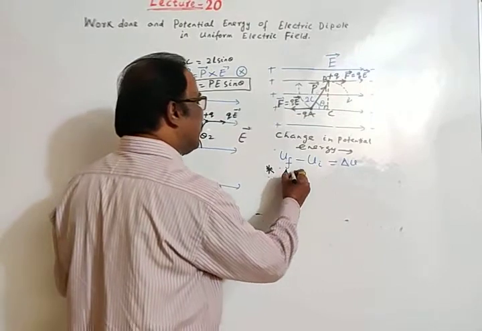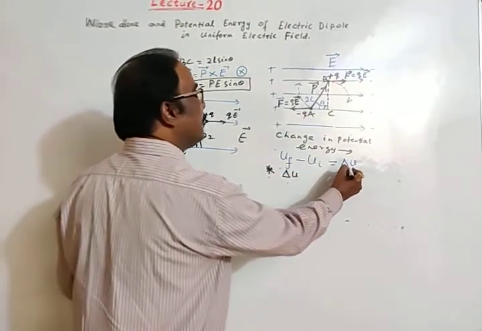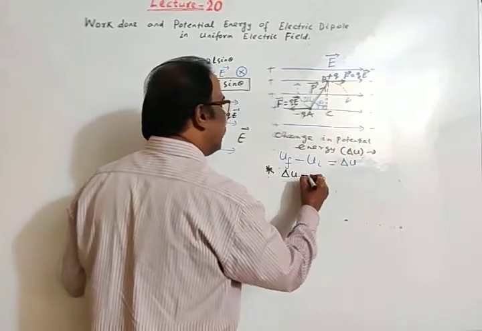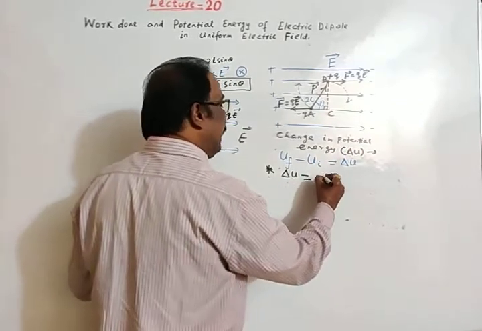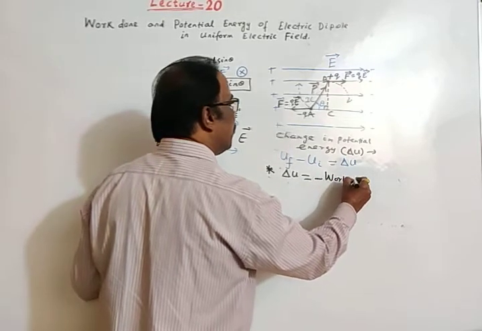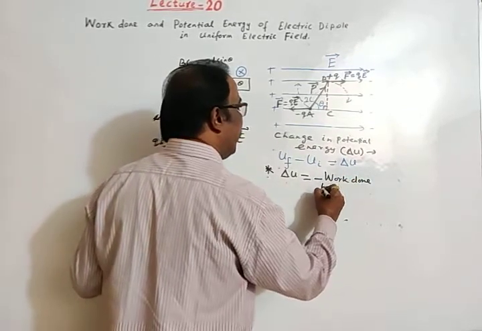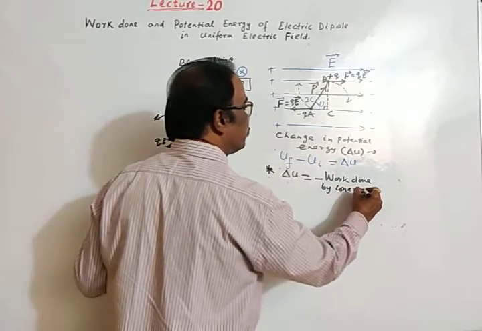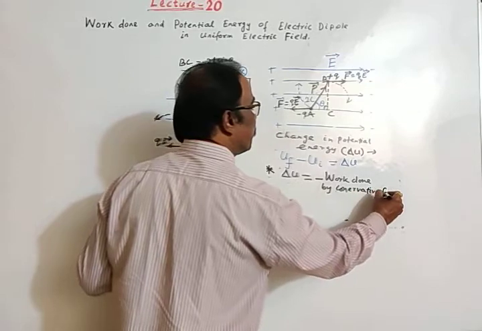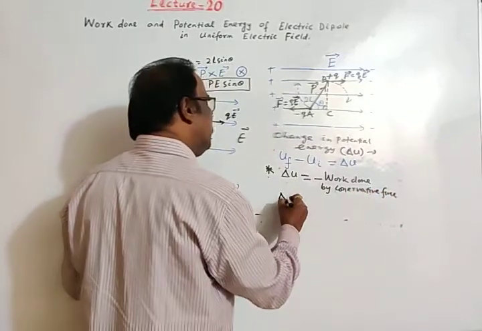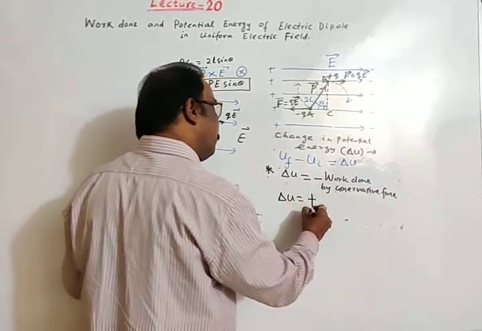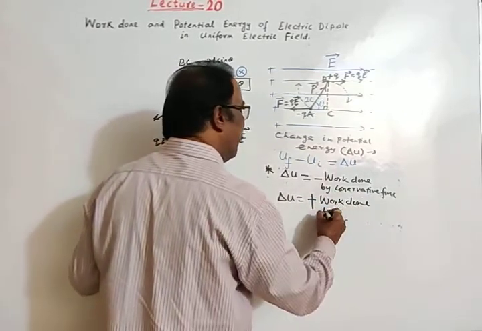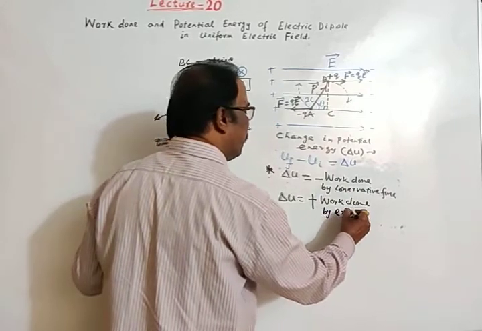Change in potential energy is delta U. Change in potential energy is equal to the negative of work done by the conservative force, and change in potential energy is equal to the positive work done by the external force.